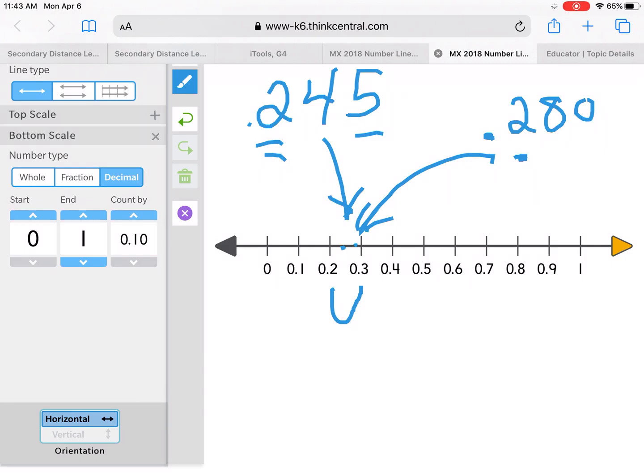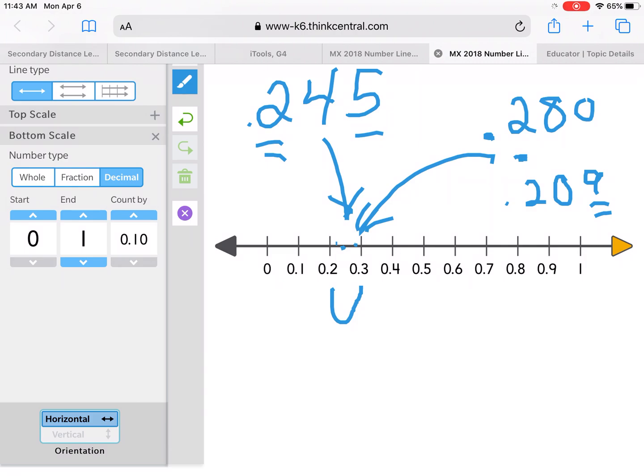Okay, the last one I'm going to ask you to position is 209 thousandths. Remember, the 9 is in the thousandths place, and we say the thousandths place last. Again, it's between the 2 and the 3 tenths, and this is just past the 2 tenths. So this is going to be smaller.